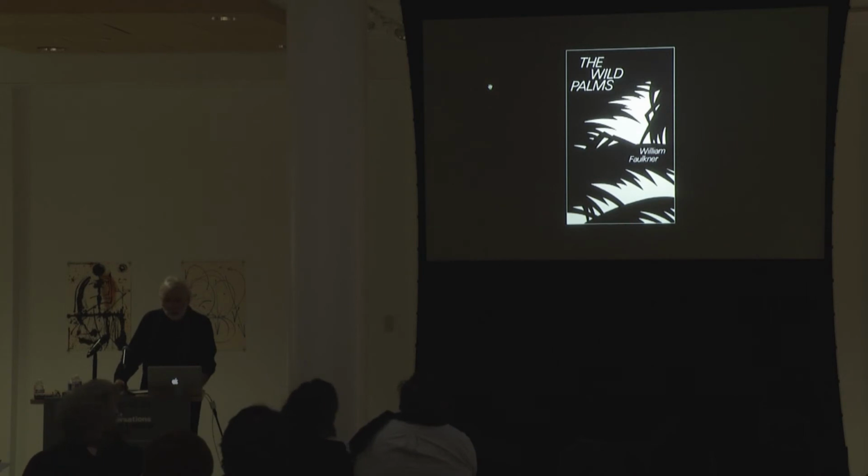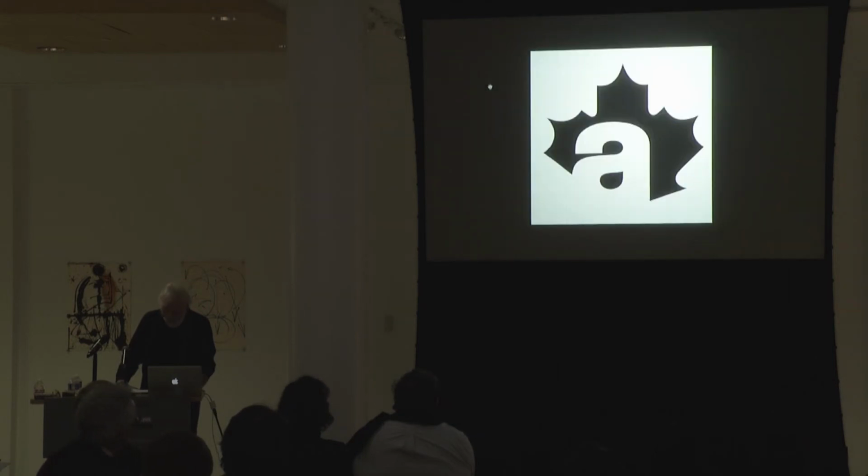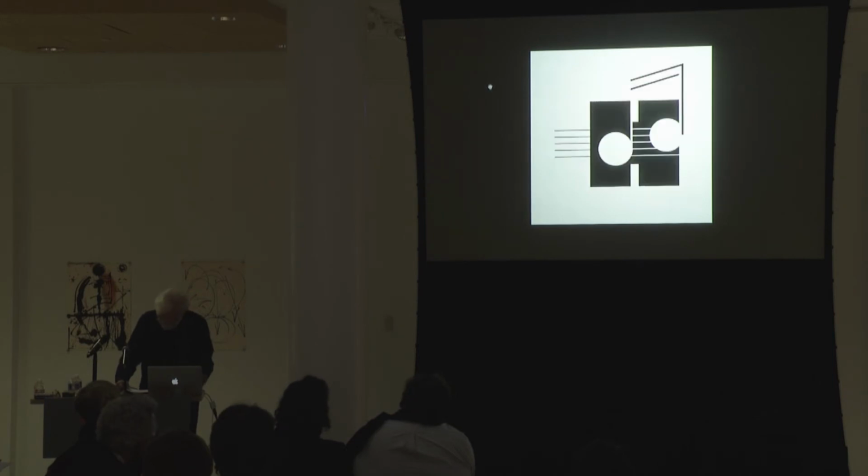This is another one, again, where form becomes expressive for, in this case, a book of the Wild Palms by William Faulkner. A series that's in the second semester where we did icons and logos.